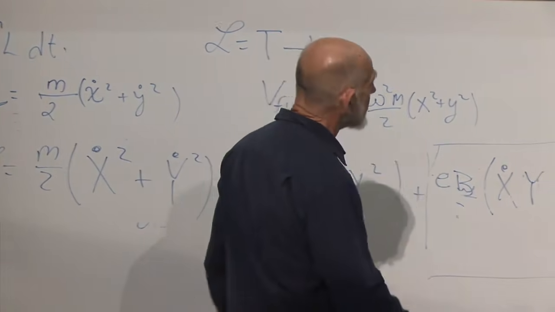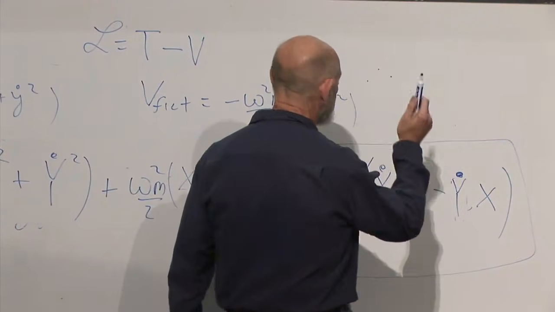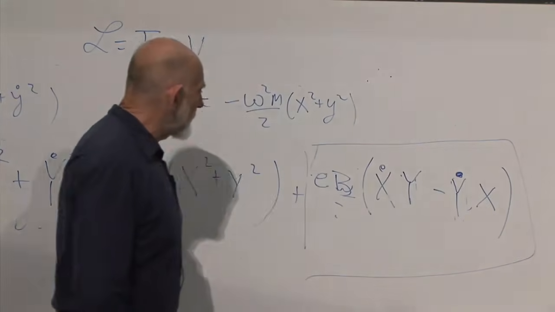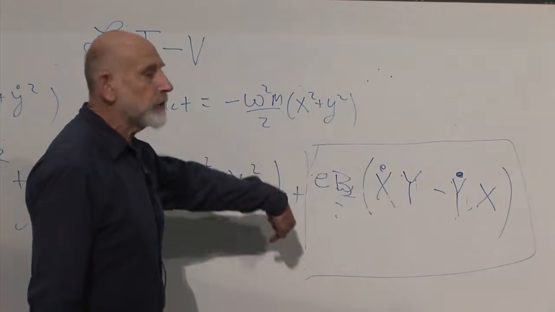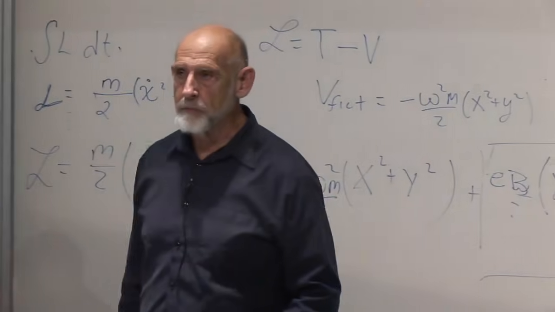In particular, if you had a magnetic field pointing into the blackboard, or out of the blackboard, either way, charged particle of charge E, magnetic field B, uniform magnetic field, this would be the form of the Lagrangian.